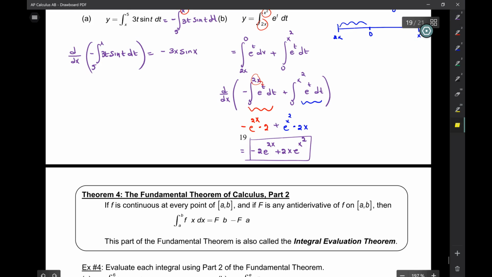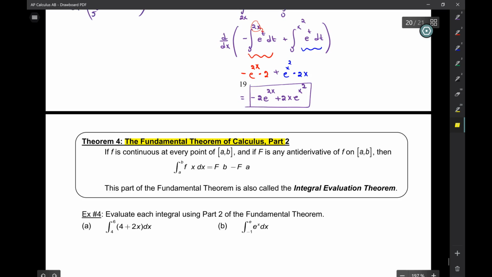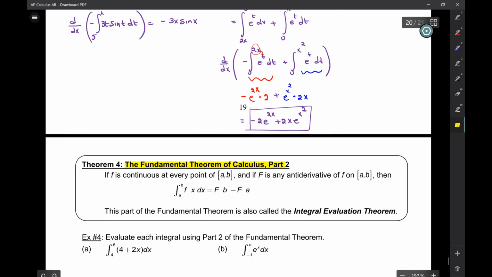Okay, that takes us to the fundamental theorem of calculus, part 2. Part 2 says, if f is continuous on every point on AB, right? Look at what happened here.